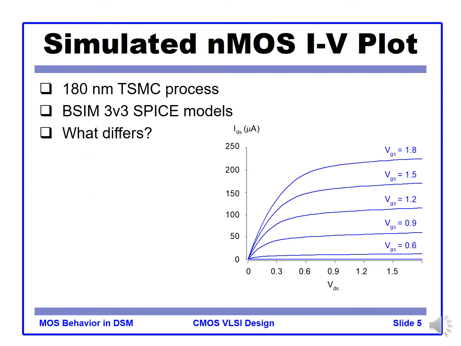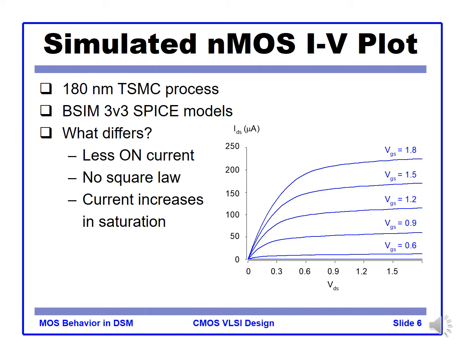So if you simulate the 180 nanometer process using a real SPICE model, you will see a slightly different IDS versus VDS curve. What would differ? We will see in the next slide. First, less current.